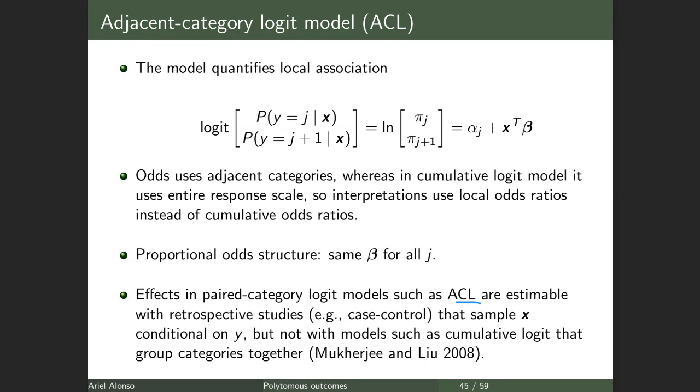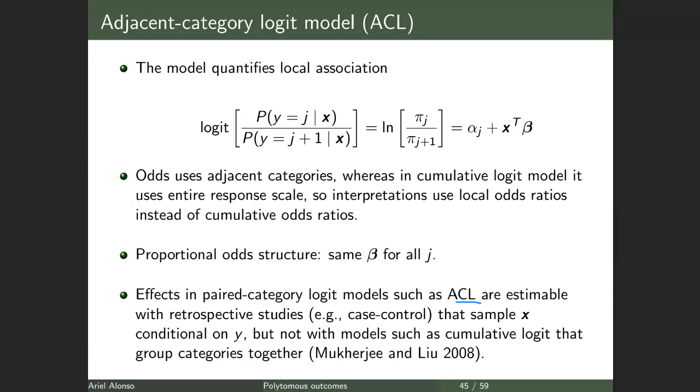Now, what is a case control study? In a case control study, you sample X conditional on Y. For instance, let's assume that you want to study the relationship between smoking and lung cancer. In a case control study, you consider a number of individuals with lung cancer and a number of individuals without lung cancer.